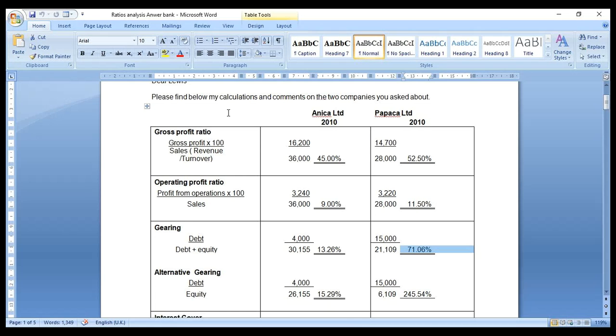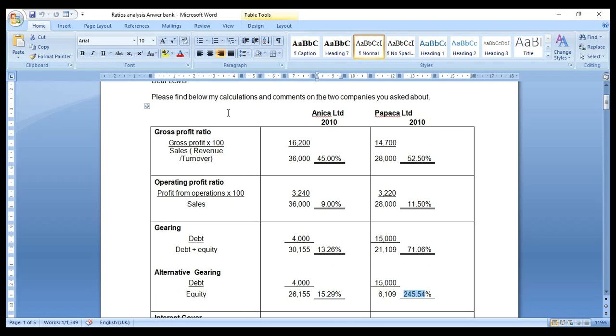There are two different formulas for this. If we look at debt divided by equity, this comes to 15%, which is very low as well. It means 15% of the company is owned by the creditors, the lenders who give us money, and 85% we own, which is good.